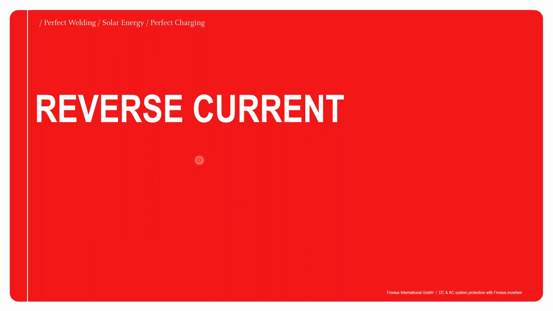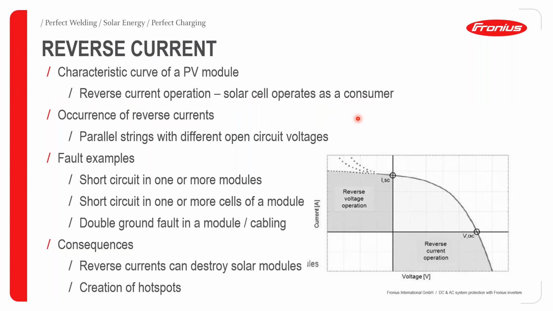We also have to look at, as far as protecting the system is concerned, the effects of reverse current, and quickly go through what reverse current looks like. Reverse current is when you have a cell of a module operating as a consumer instead of a producer.